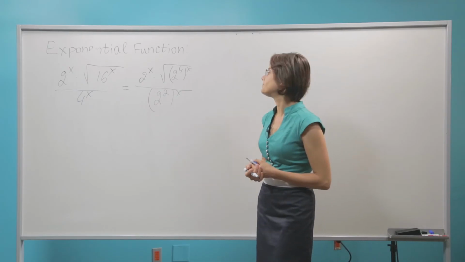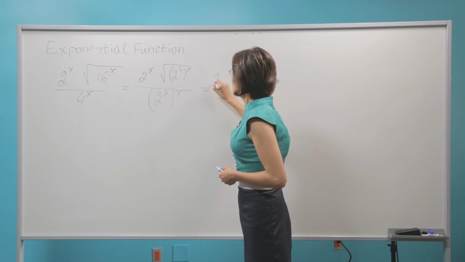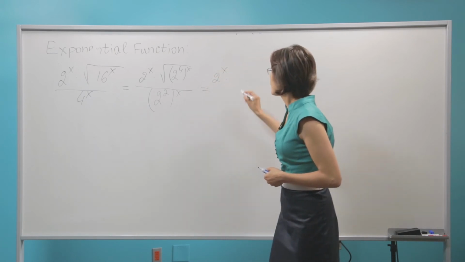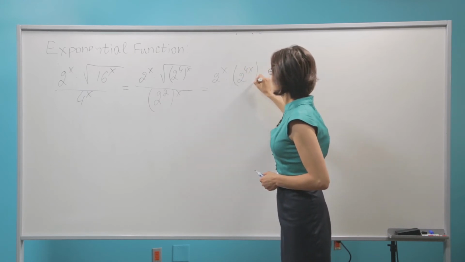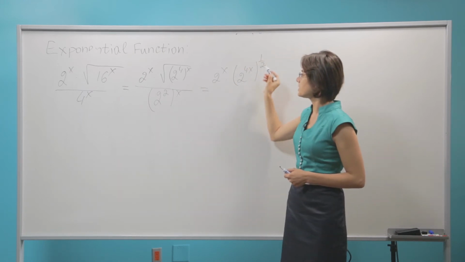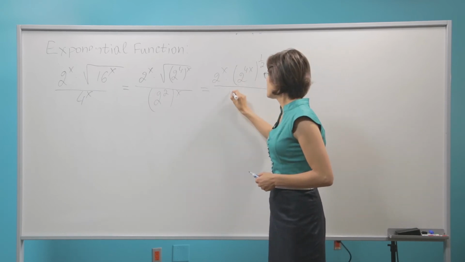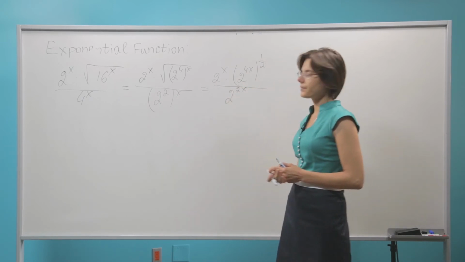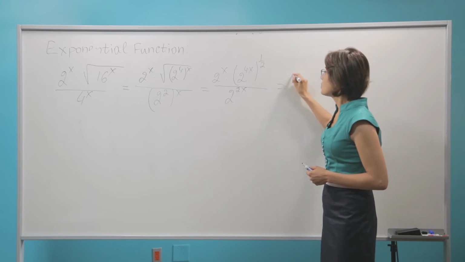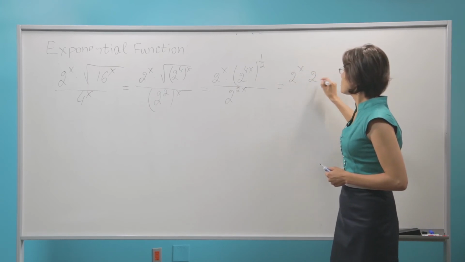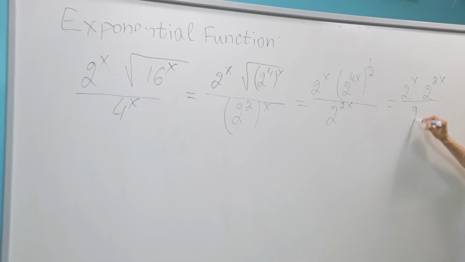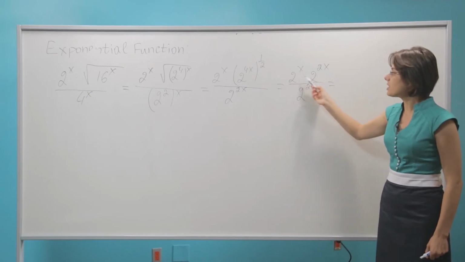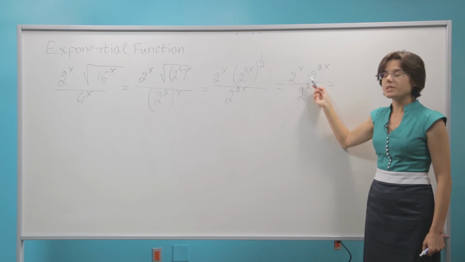Now I can simplify. 2 to the power of x times 2 to the power of 4x to the power of half, so square root can be represented as power half, divided by 2 to the power of 2x, which is the same as 2 to the power of x times 2 to the power of 4 over 2, which gives me 2x, divided by 2 to the power of 2x. Now I have exponential functions with the same base but different powers.